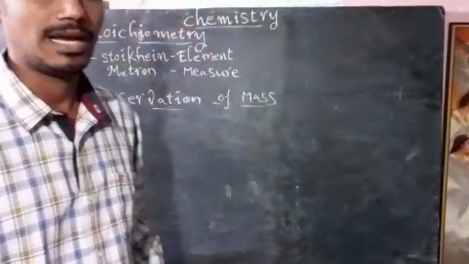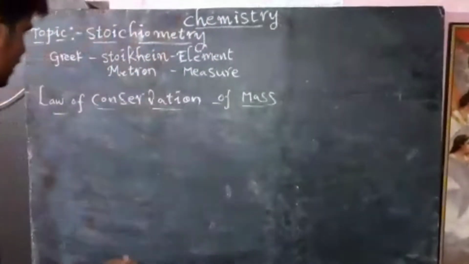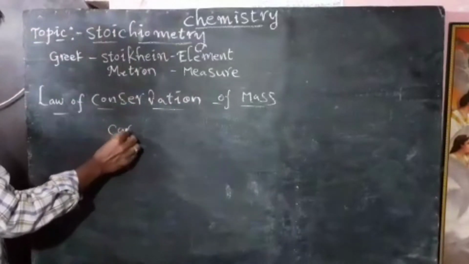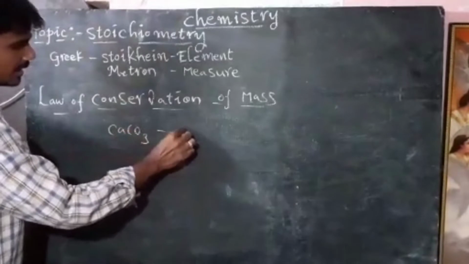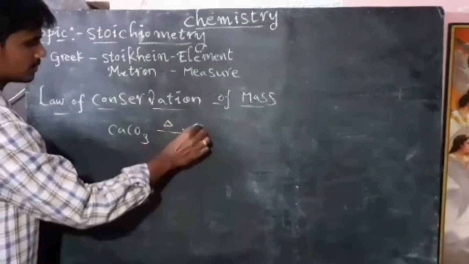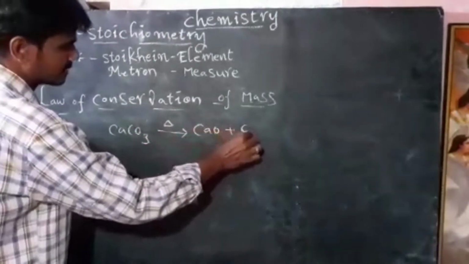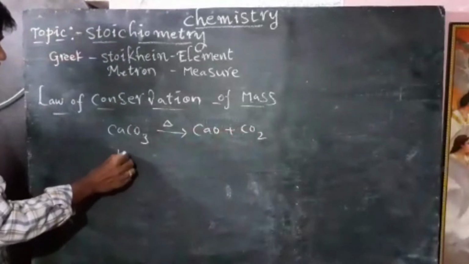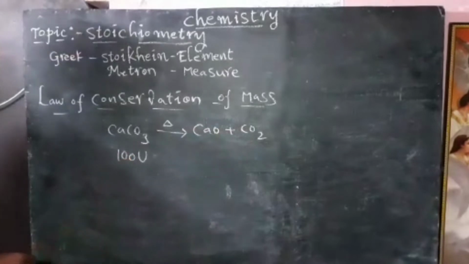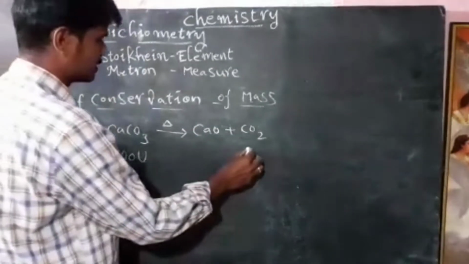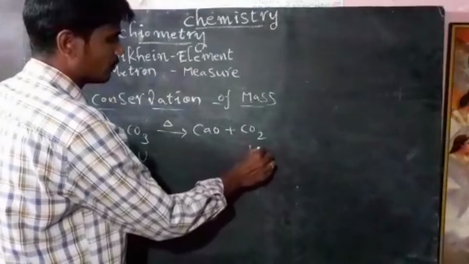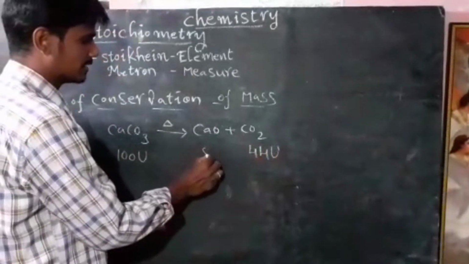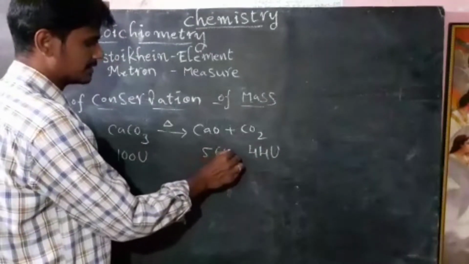I will take one example for better understanding. See here, calcium carbonate. On heating, calcium carbonate decomposes into calcium oxide and carbon dioxide. The molecular mass of calcium carbonate is 100 unified mass, carbon dioxide is 44 u, and calcium oxide is 56 u.